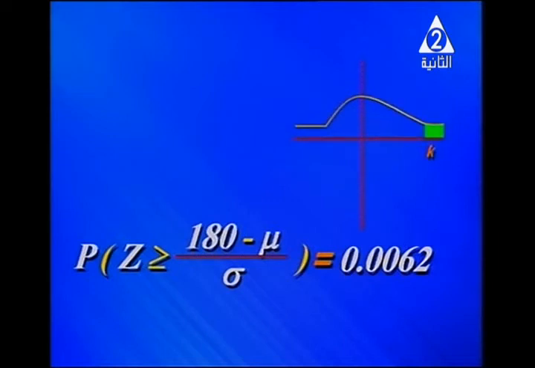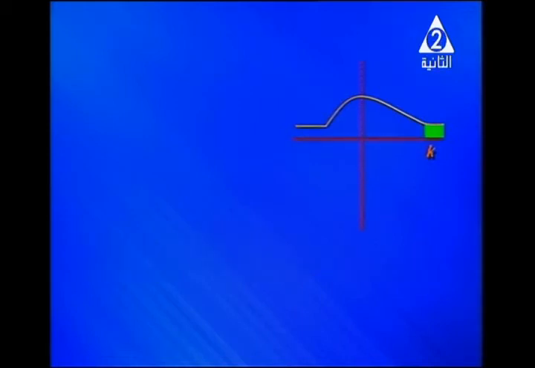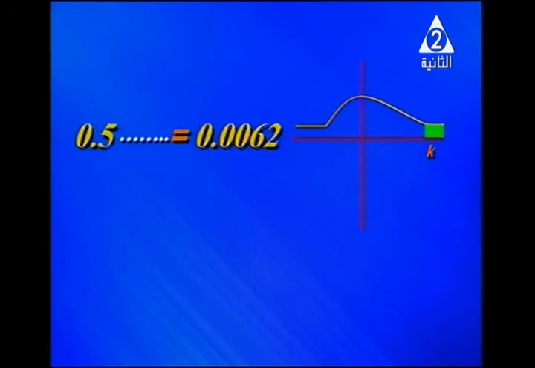Then look, dear student, the opposite figure represents the area where 0.5 is half of the shape minus what equals 0.0062. Then look at the area, which equals 0.5 minus 0.0062. The area under the curve, the green region, is 0.4938.